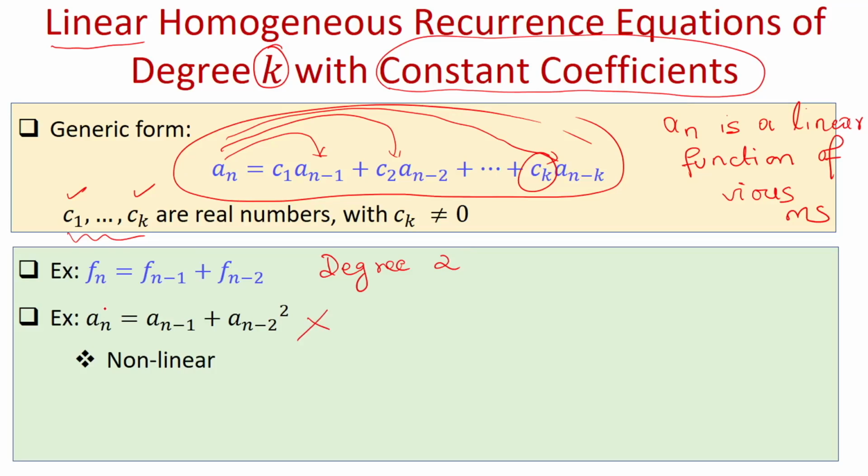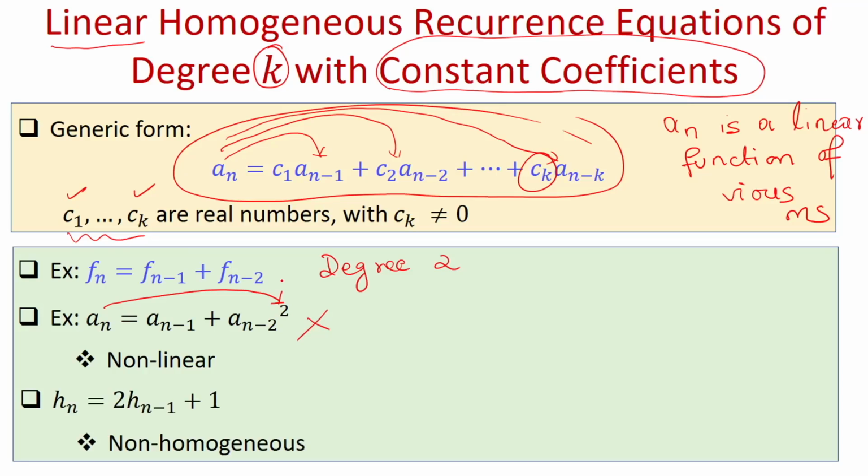The problem is that a of n does not depend linearly on a of n minus 2. It depends quadratically on a of n minus 2. That's why it is a non-linear function. Whereas this third equation is not falling in this category because we have a non-homogeneous component here, right?